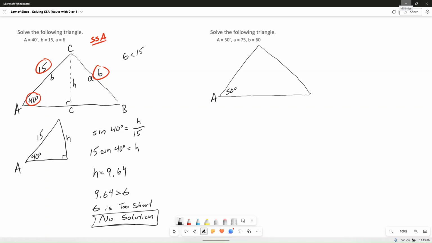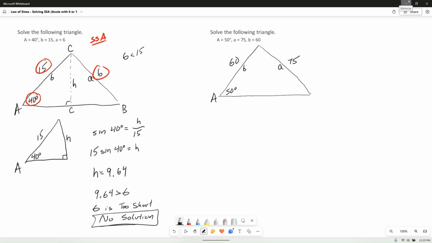So angle A is 50 degrees in the bottom left, which makes side A equal to 75. Side B has to be adjacent to angle A. I could put it at the bottom if I want, but again, to match the illustrations I've used, I'm going to put side B to the top left here, and so my 60 is going to go there.